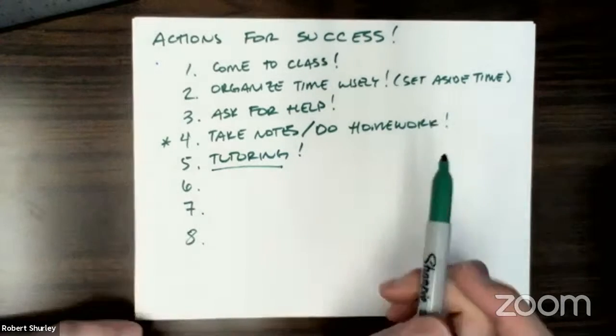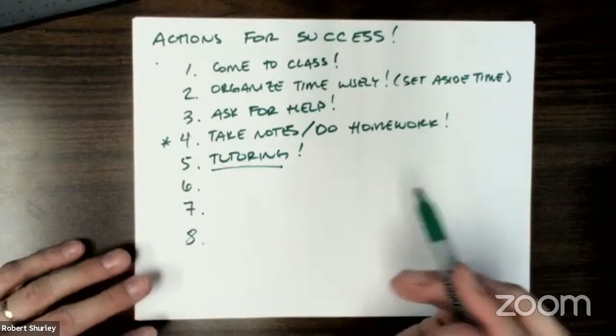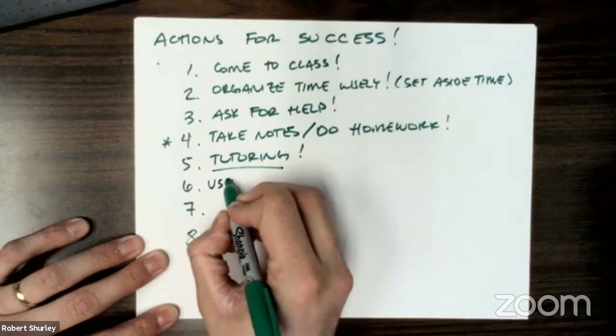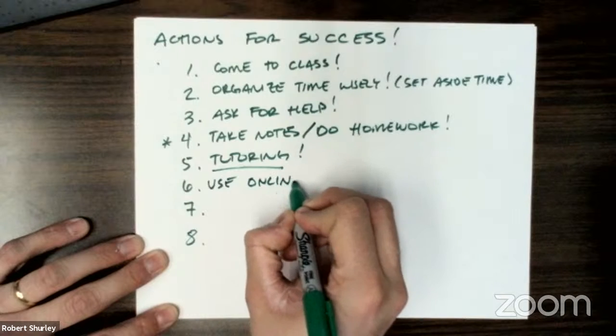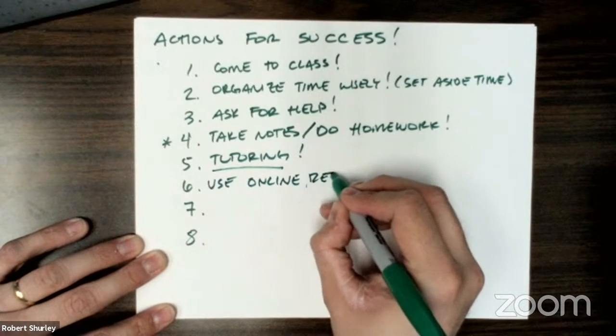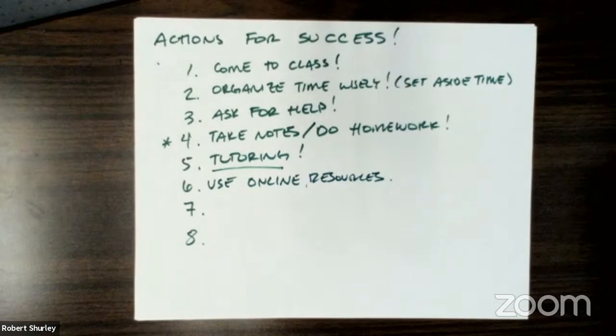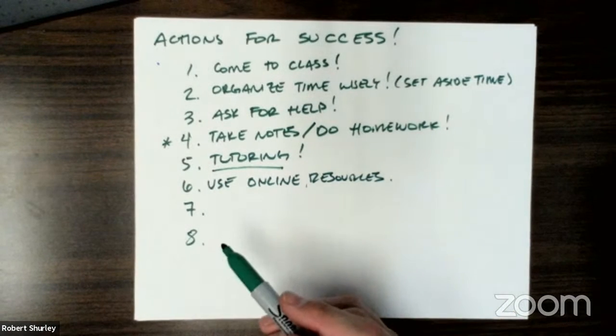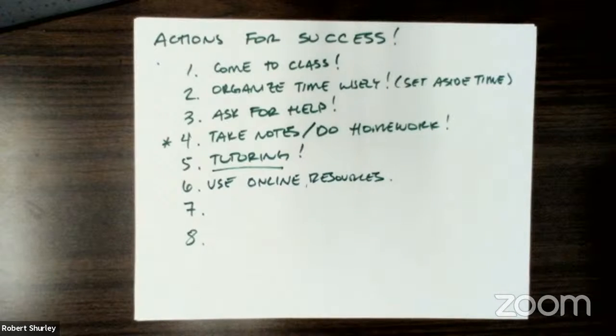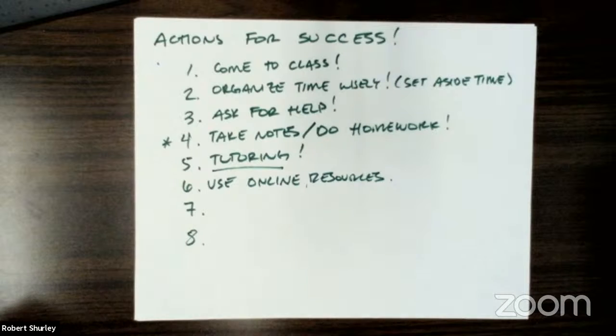And then, Emily, I'm going to expand that one, not just watch videos, but use online resources. What that means is if we're covering a topic, like I think our first topic in 1A is logic and practical reasoning, you can look online and watch videos on that if my video just wasn't making sense.